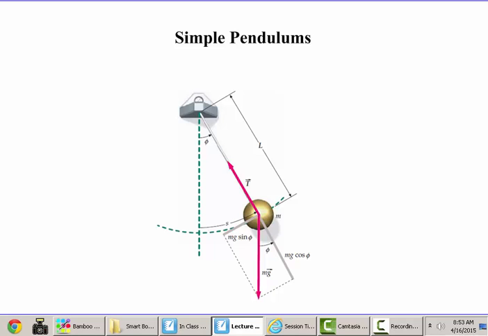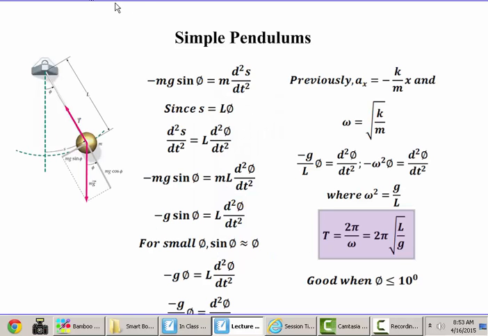I'm going to be honest with you, the only difference for pendulums is the omega here is going to be the square root of, I think it's g over L, right? And again, we'll come back to that when we do the review. I'm not going to have pendulums on the test tomorrow.